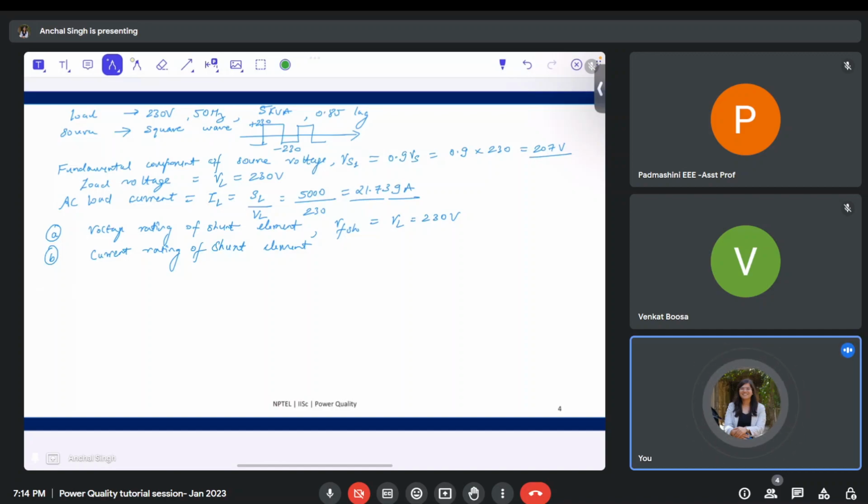We want the source current to be sinusoidal and in phase. That means the source should supply only the active component of the load current, and the rest of the current should be supplied by the shunt compensator. So the shunt compensator will be supplying two currents. First will be this reactive and harmonic current.